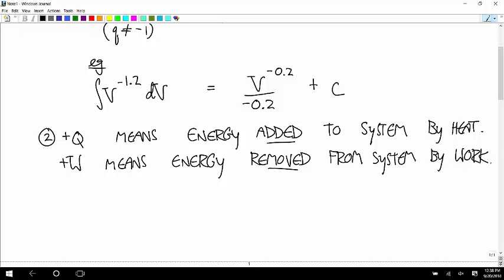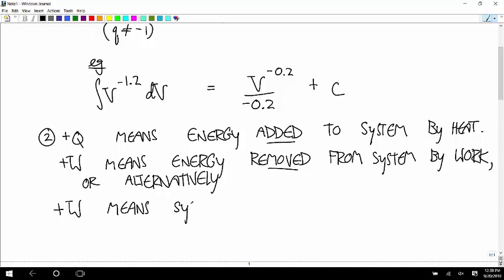Or alternatively, you can also think of it as positive W means the system does work on the surroundings.